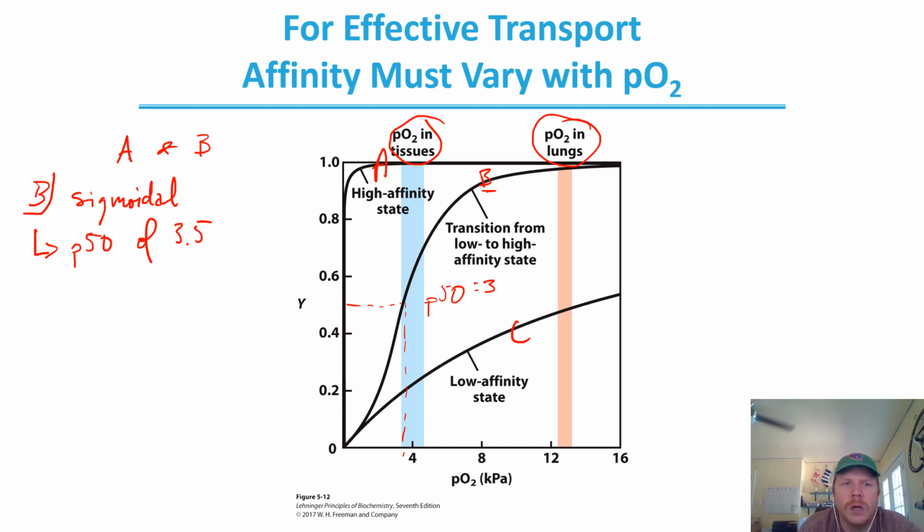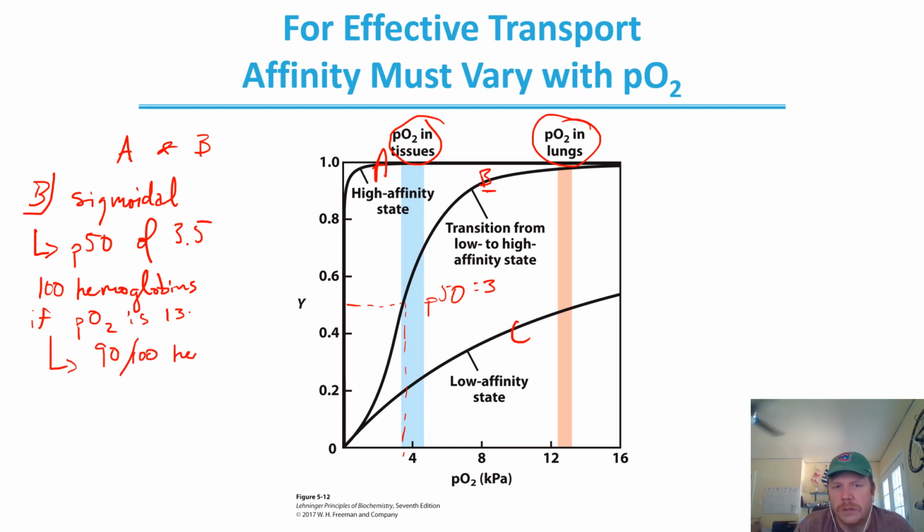Doesn't really matter that much. Let's think about this in terms of 100 hemoglobin proteins. If the PO2, so the concentration of oxygen, is 13, then I would say about 90 of 100 hemoglobins are bound to O2.